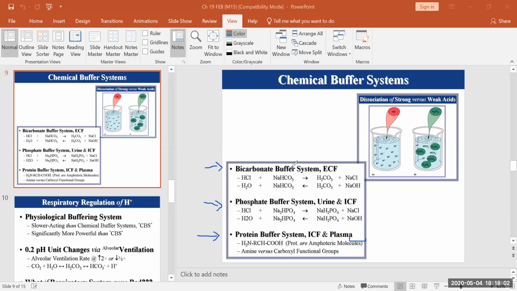Bicarbonate is the main buffer system for extracellular fluid. That fluid is outside of your cells and outside of vessels, right? I take that back. Extracellular fluid means only that the fluid is outside your cells.